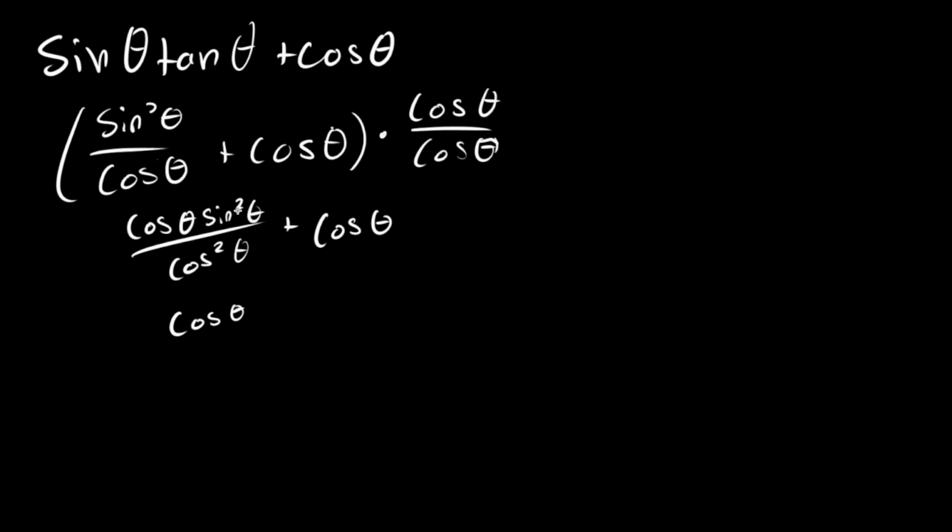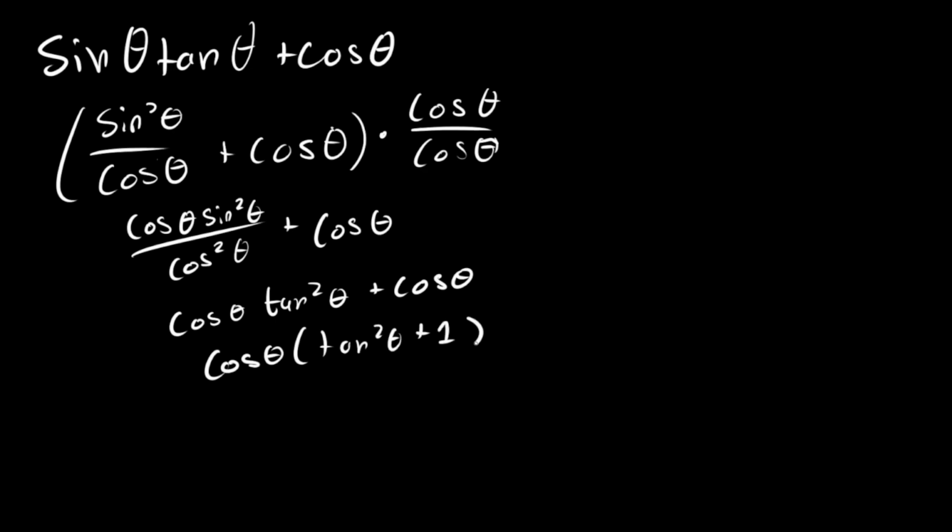Sine squared theta over cosine squared theta is going to be equal to tan squared theta plus cosine right here. And we're going to be able to factor out this cosine theta. So we're going to get cosine theta times tan squared theta plus 1.